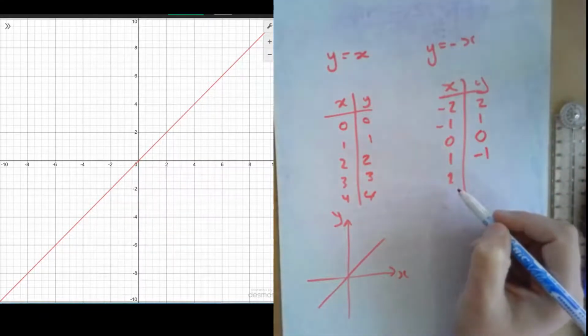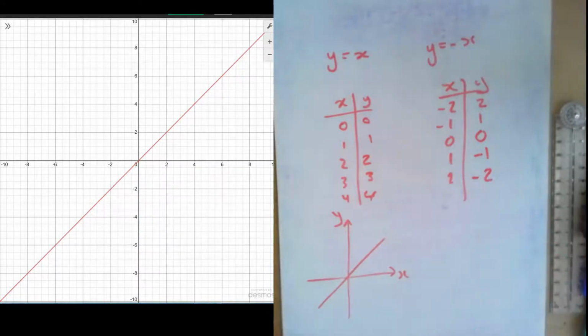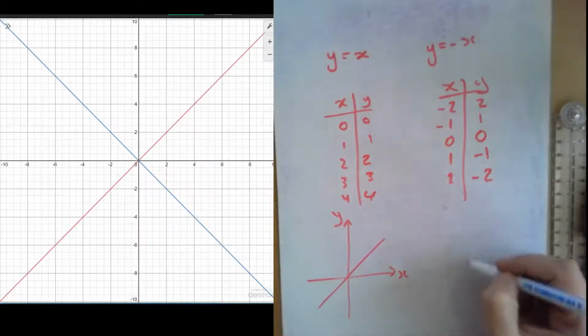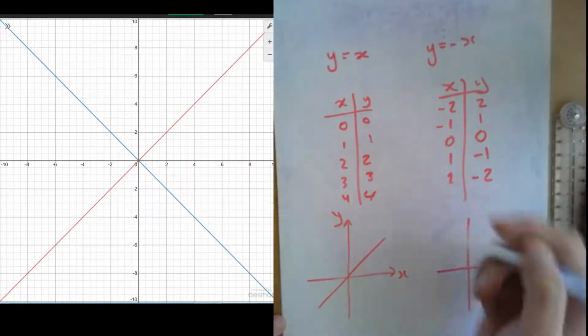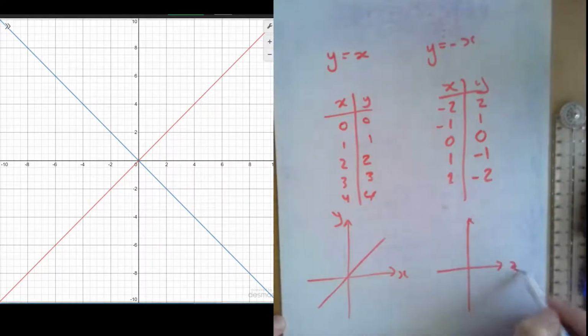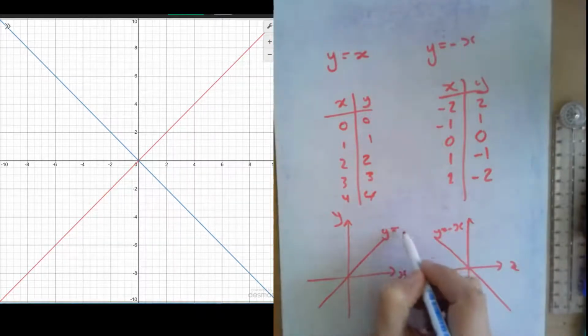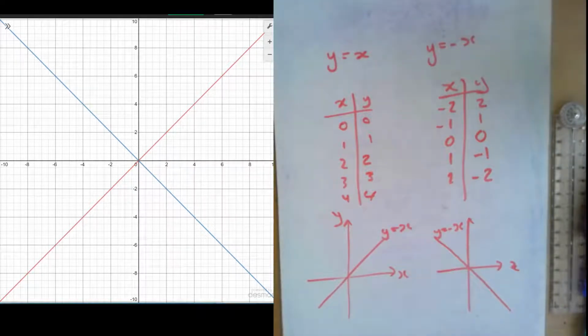And then 2 times -1 is -2. So you should see a graph that looks like that. This is the blue line graph if you're looking over there. But otherwise, you should see something that looks like a negative gradient.